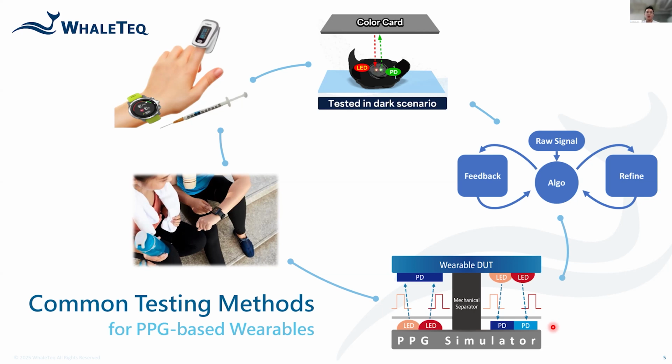However, watches are becoming either more aesthetic or they have more technology in them, so there will be multi-position LED and PD. That would require modification for different wearable device designs. That's why this kind of concept might not always work for all wearable devices.